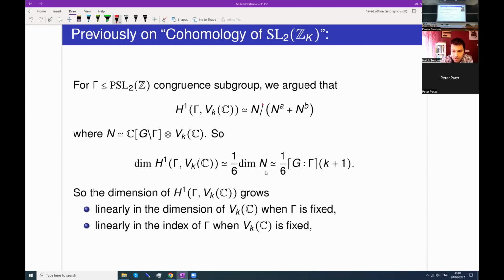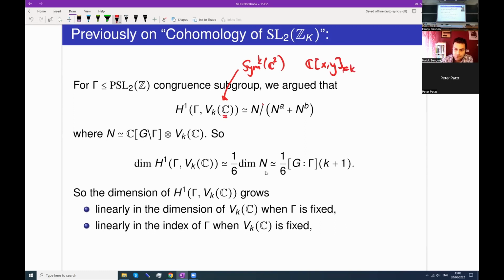Just to remind you, this is our symmetric power representation, which could also be viewed dually as homogeneous polynomials in two variables of degree k with C coefficients.